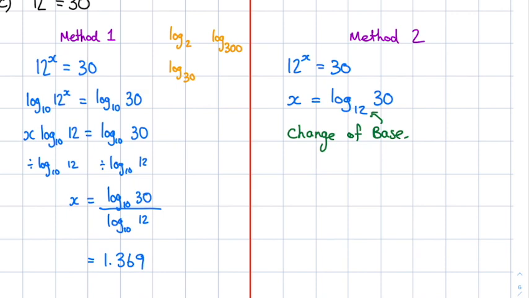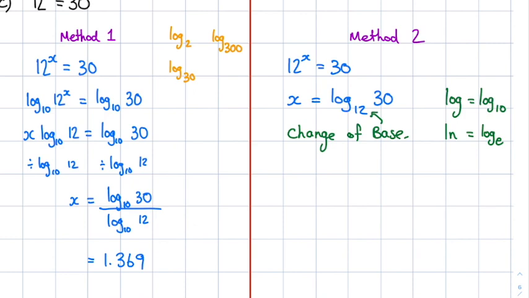So we want to change this base to something that we have. We can change it to log base 10, because remember the log button on your calculator is log base 10, or we can use the ln button because that is the log of the natural number. And remember, we're going to come back and talk about e as the natural number later on. But we could use ln. They're the two logs on our calculator.